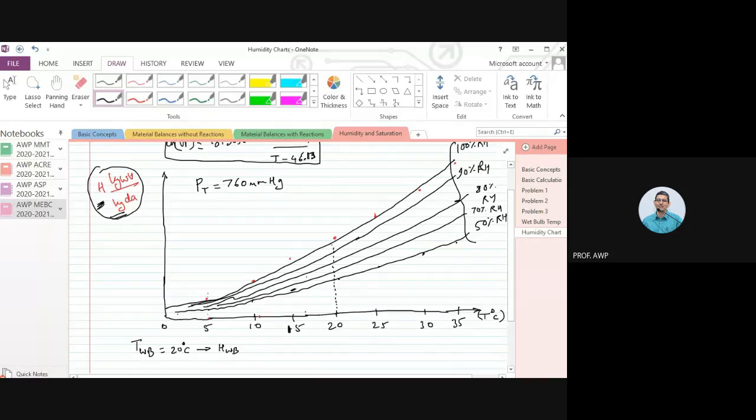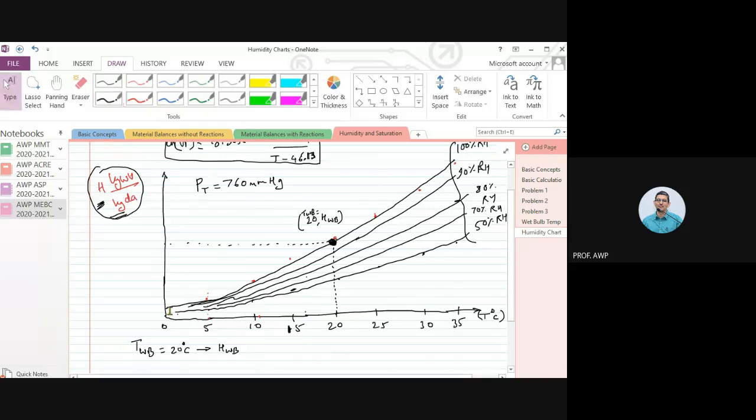What will be the coordinates of this point? It will be TWB equal to 20 and the corresponding HWB, and the corresponding HWB is here because it is at 100% RH.